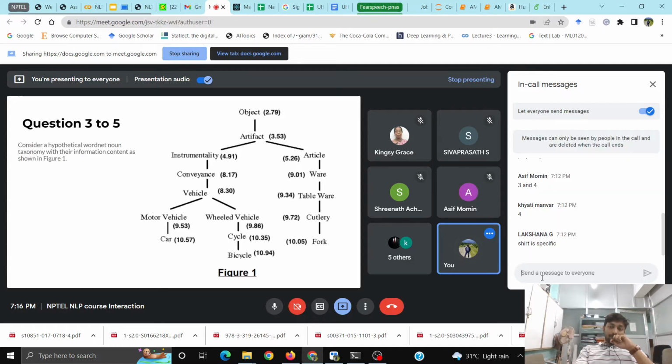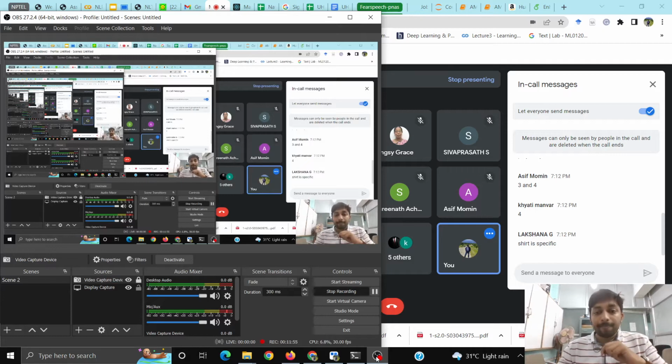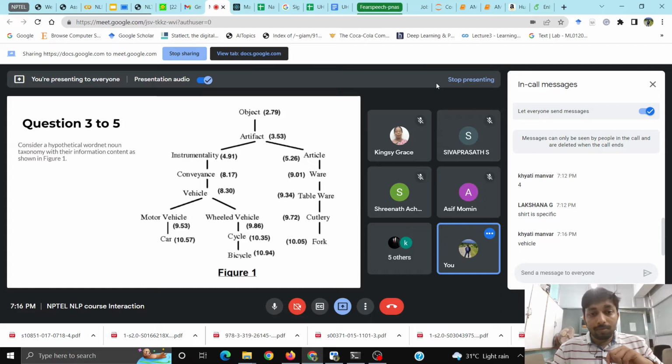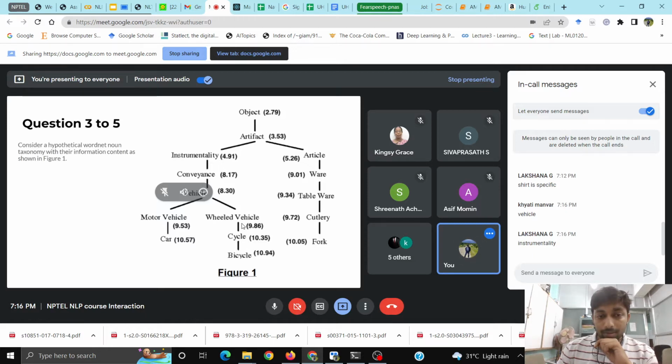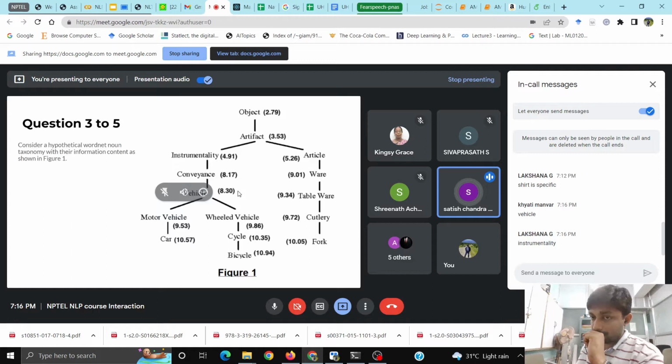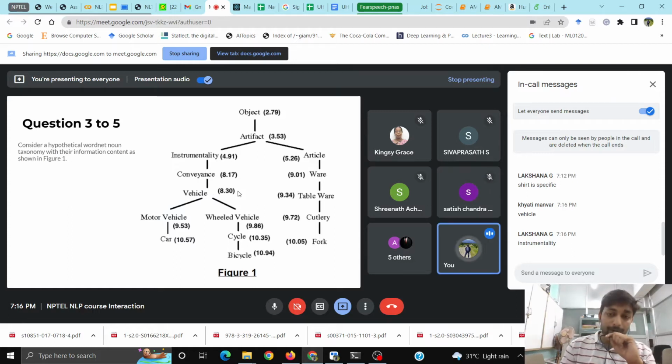Can you tell? Vehicle. No. Cycle and article. Vehicle is here. Artifact. Oh, artifact. Okay, okay. Yeah, artifact is the answer.